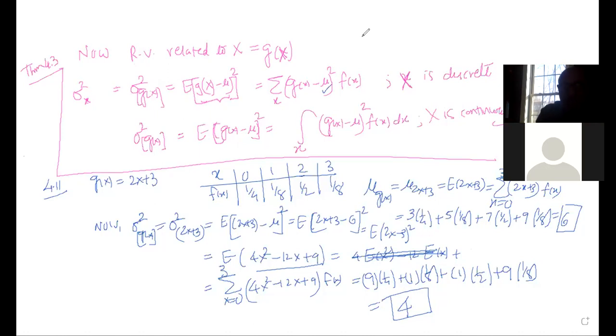Let me save this one and go for the next slide. Okay, now clear all, and I can go for the next example. This example is example 4.12.